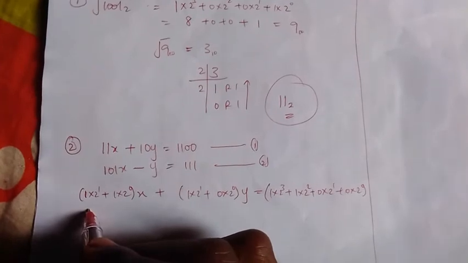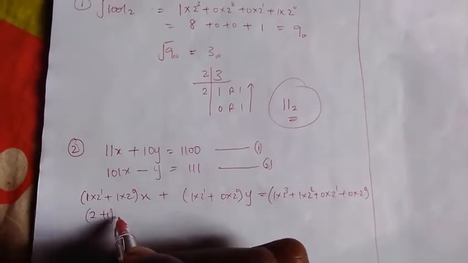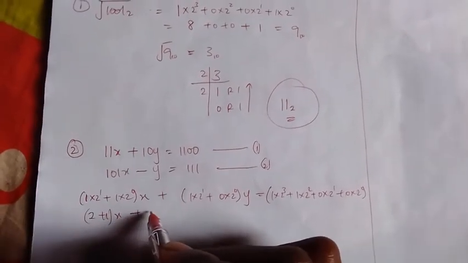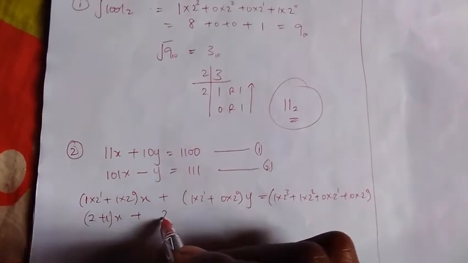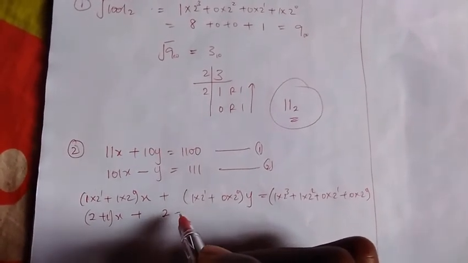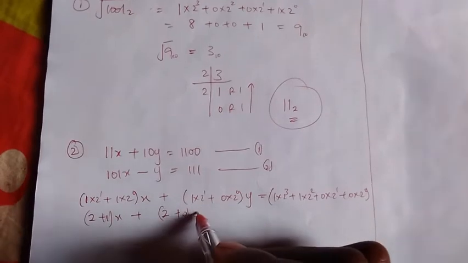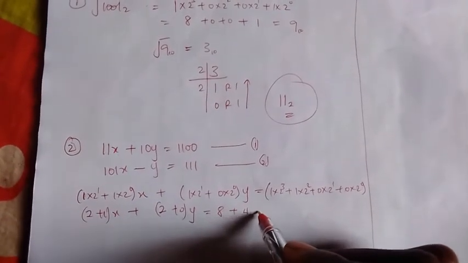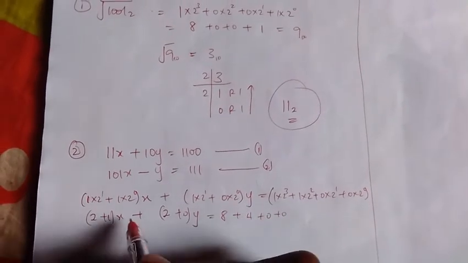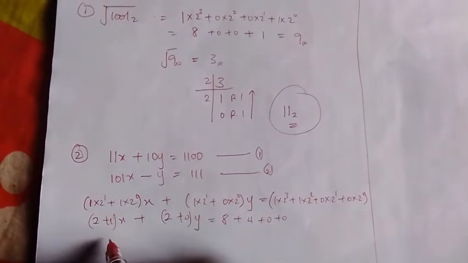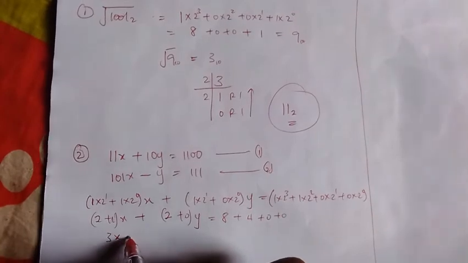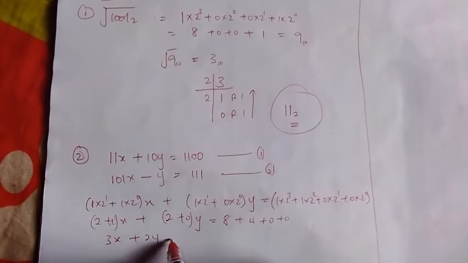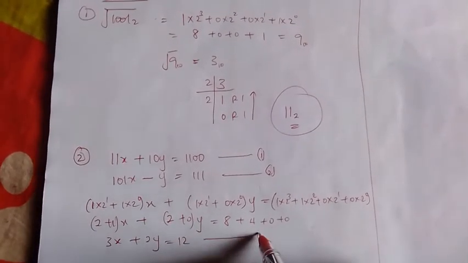Leaving our answers to be 2 plus 1 times x plus 2 plus 0 times y equals 8 plus 4 plus 0 plus 0. That's still equation 1 we're solving from. This gives us 3x plus 2y equals 12. That's equation 1.